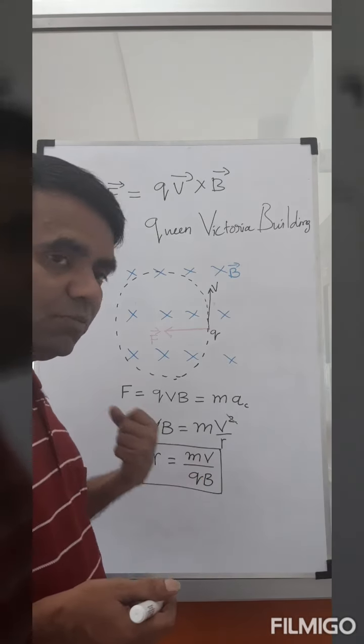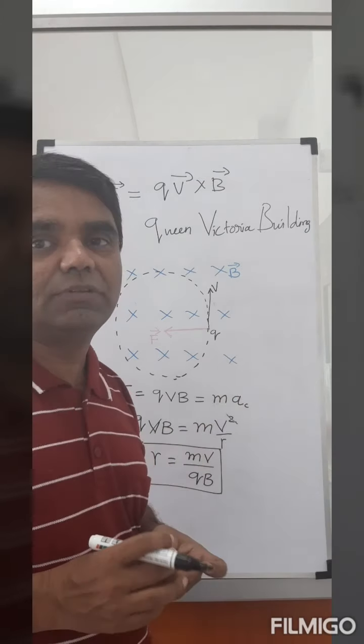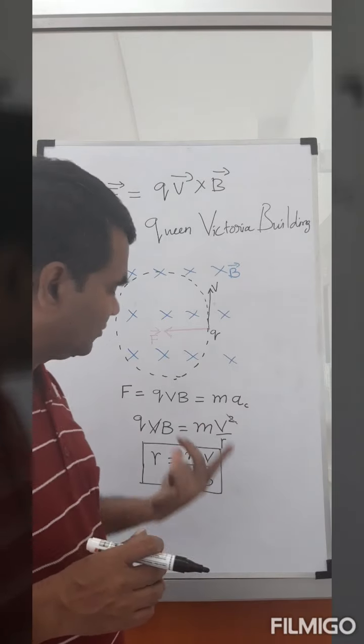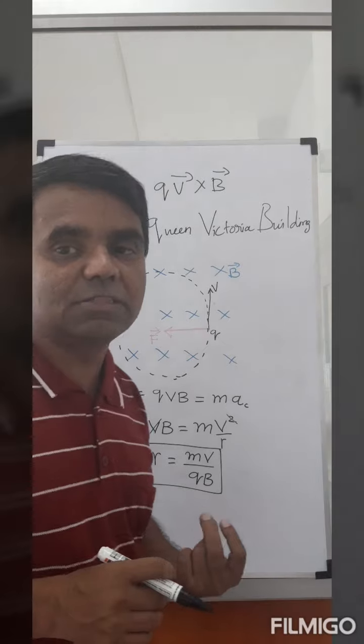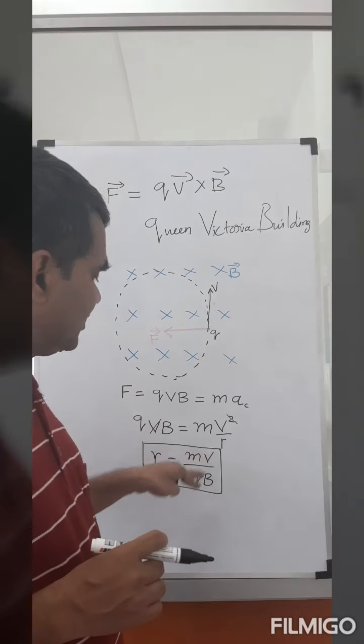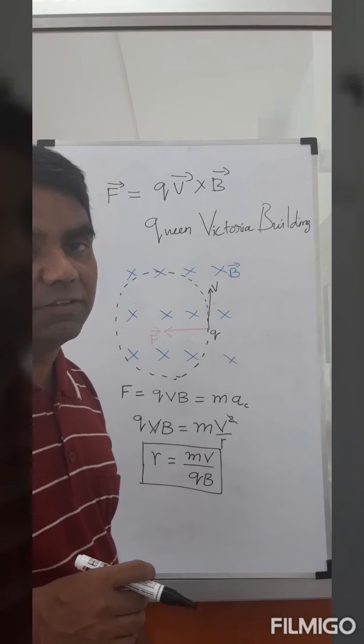As the force is more, clearly the acceleration will be more, so the radius will be smaller. This is the equation which gives you that value, r equals mv by qB.